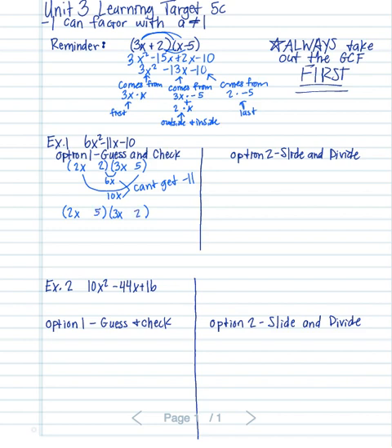So if we multiply these insides, we get 15x. If we multiply these outsides, we get 4x. And you're looking to see, can I get a negative 11 out of that somehow? Well, if we have a negative 15 and a positive 4, that's going to get us that negative 11.